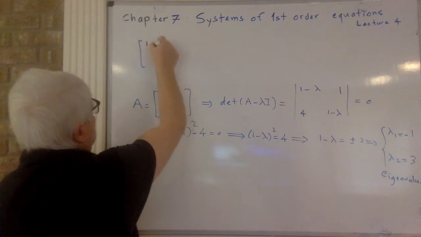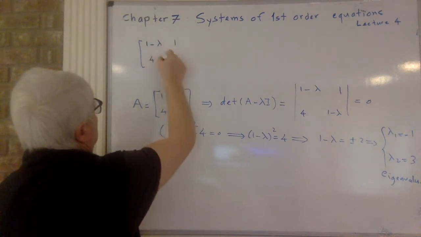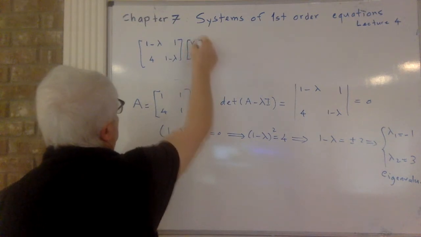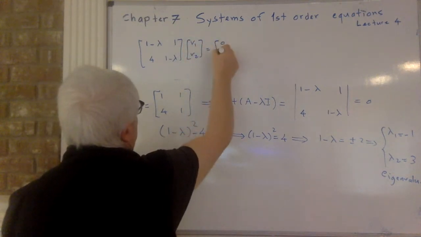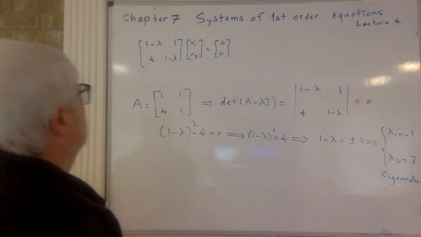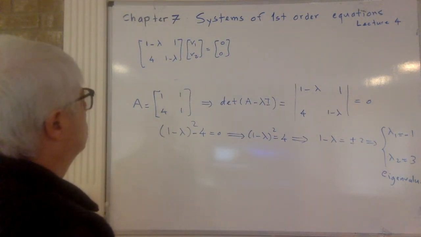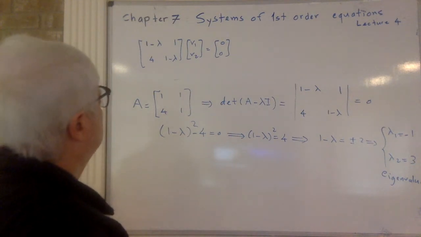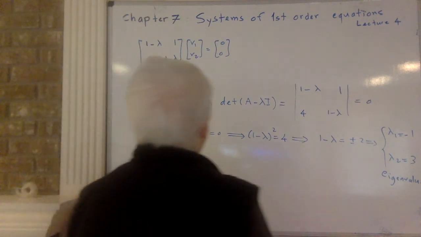1 minus lambda, 1, 4, 1 minus lambda, times V1, V2 is 0, 0. Now this V1, V2 is not that V1, V2, those are vectors, these are just scalars. So you can write anything. I guess the book uses some other notation for that. You can just use anything.